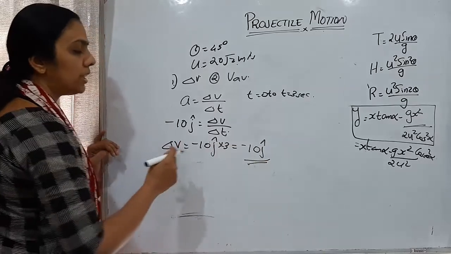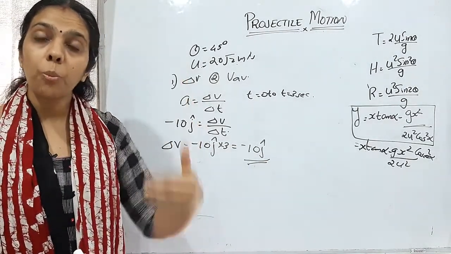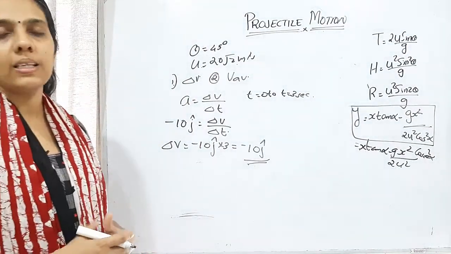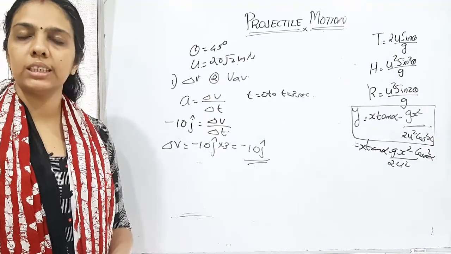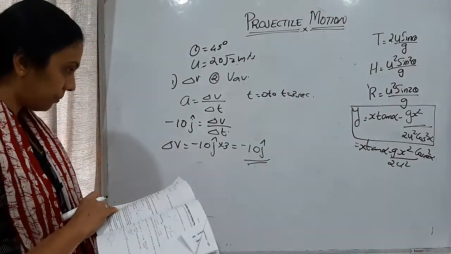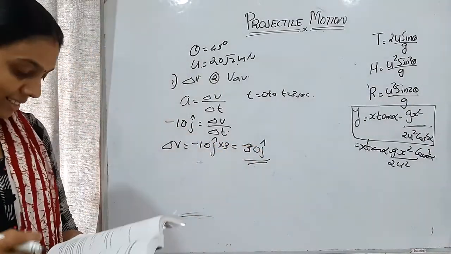So that is the change in velocity. That means the velocity is acting in the opposite direction, downward. Velocity is decreasing with respect to time. Change in velocity is negative over here. So minus 10 into 3, minus 30.